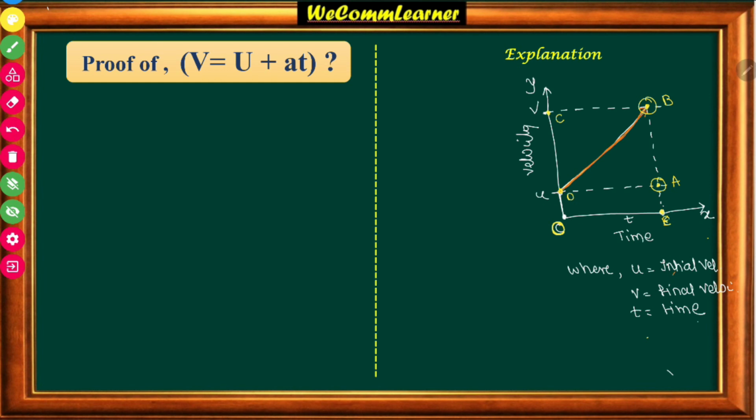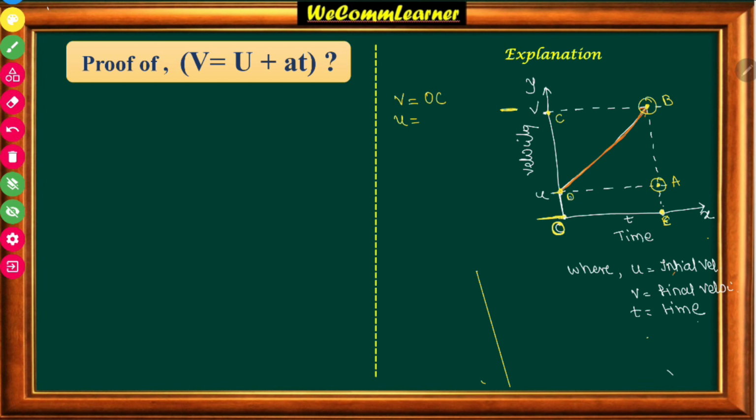Now, with respect to the alphabetical structure and velocity, what will be my v? My v is from O to C, that is OC. What is my initial velocity?